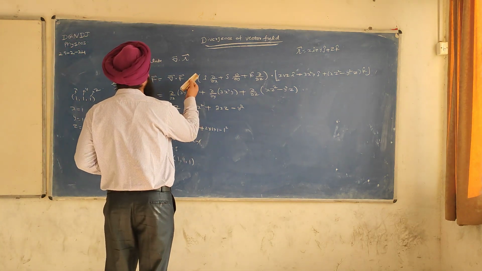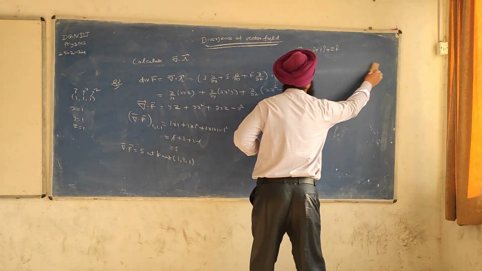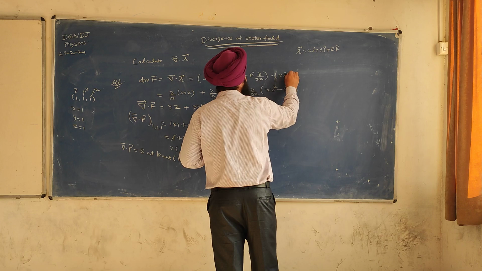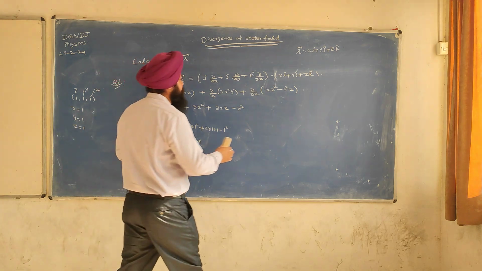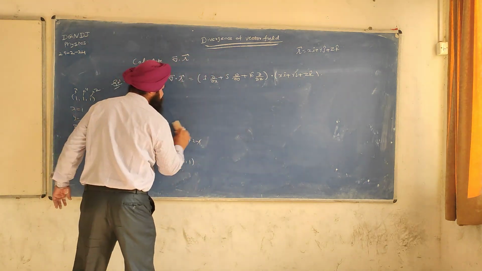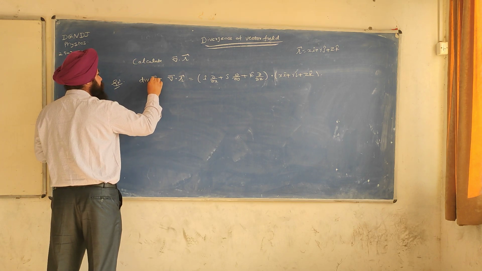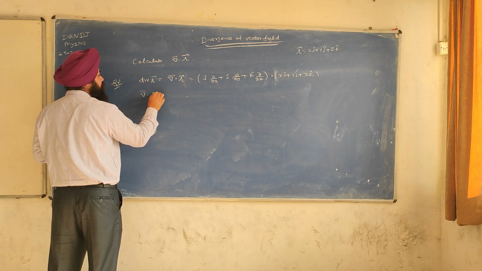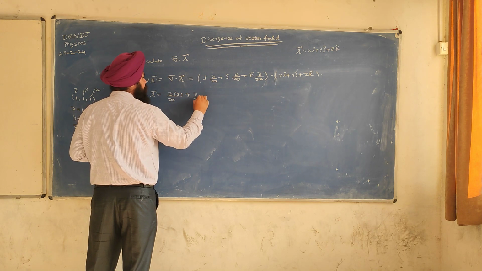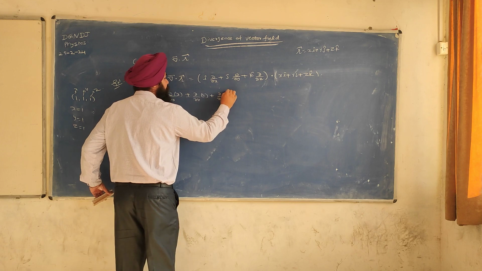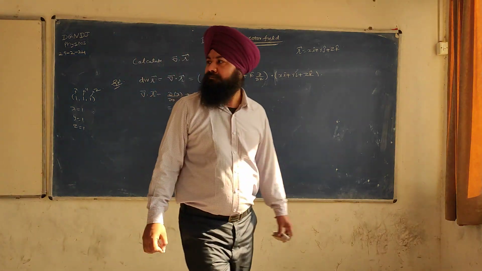How to solve? Del dot r is equal to xi cap plus yj cap plus zk cap.